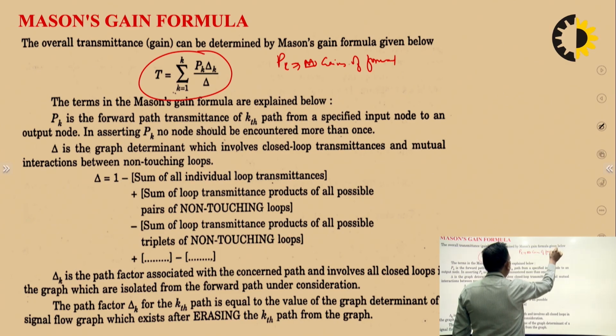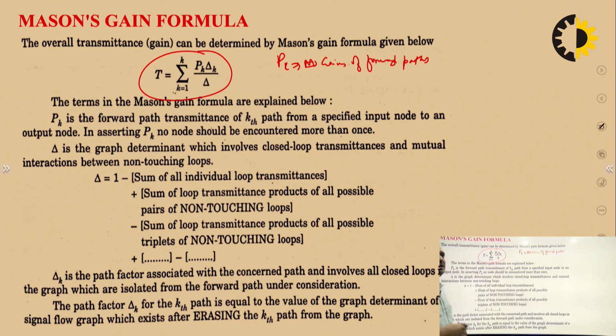First of all, we have to identify how many forward paths there are in a particular signal flow graph and what their path gains are. Delta k is the path factor associated with the concerned path.